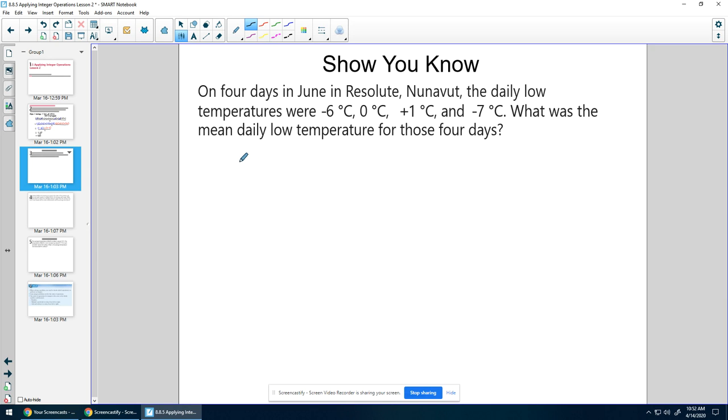Okay, so in 4 days, we have the temperatures, and we're going to organize it just like I did on the last one. Put all our negatives together: -6 plus -7. Then we are going to add 0 plus +1. Some of you may be thinking, I don't need to add the 0 because 0 is not going to change the value, which you're absolutely correct.